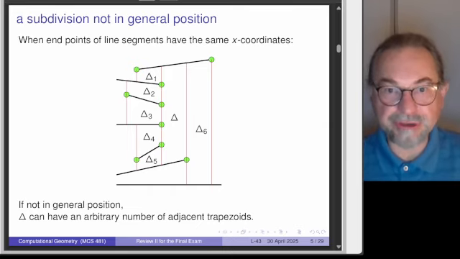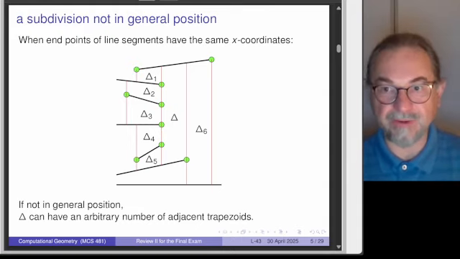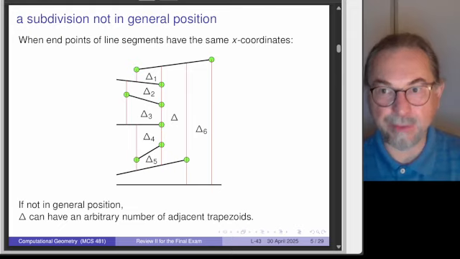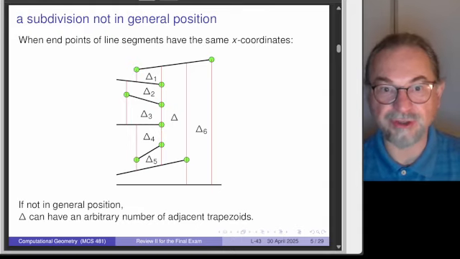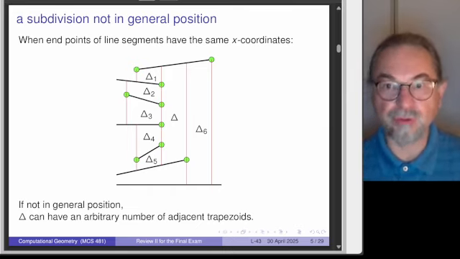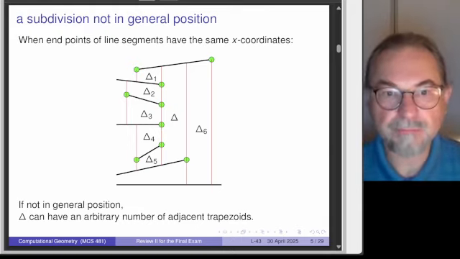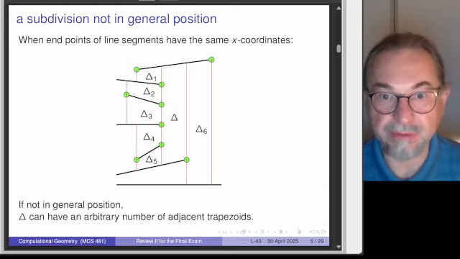The partition consists of the trapezoids that are defined by the endpoints of the segments and the vertical extensions. The vertical extensions go from the segment just below, or the bounding box, to the segment above, or the bounding box.